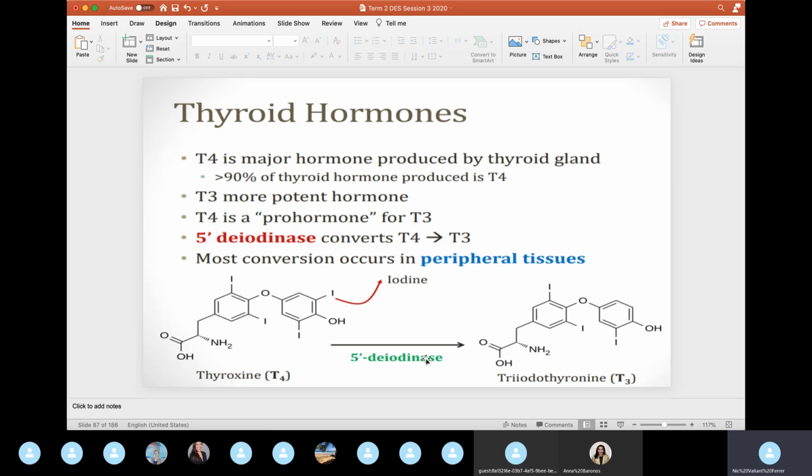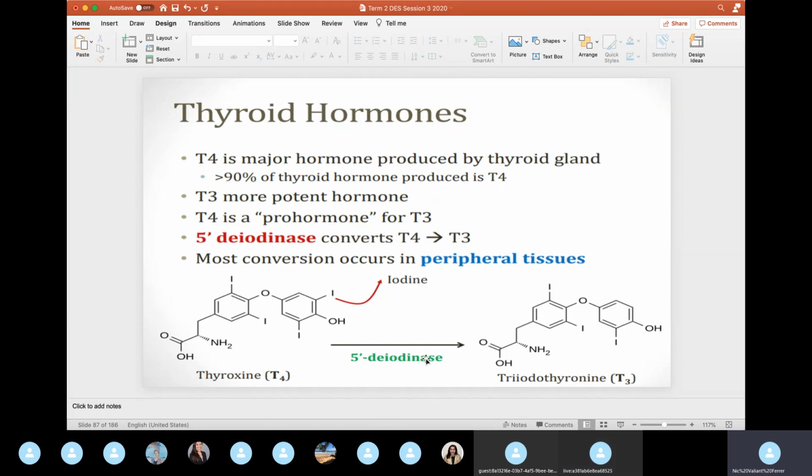Thyroid hormones. Which one is more potent, T3 or T4? T3. T3 is much more potent. Don't forget that one. What converts T4 to T3? It's on the slide. The 5' deiodinase converts T4 to T3.